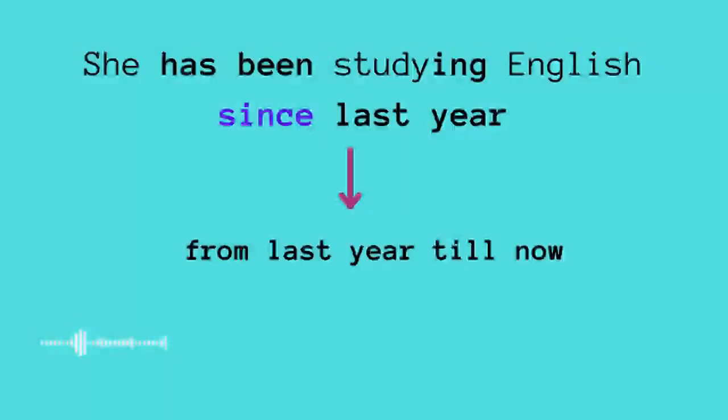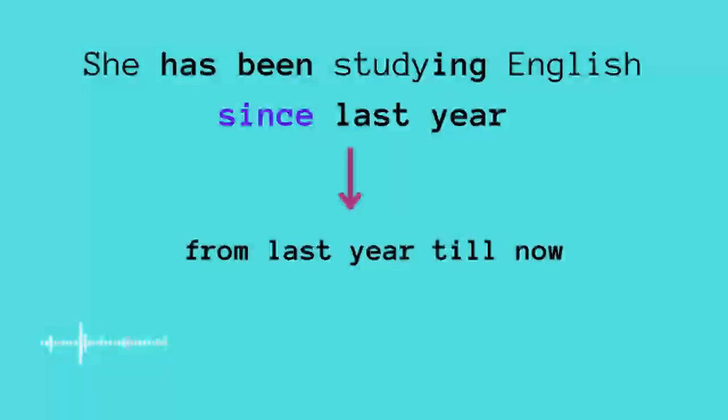Alright, so let's continue. Example number 1. She has been studying English since last year. So here we have since and then last year. What does that mean? That means from last year until now, she is still studying English.